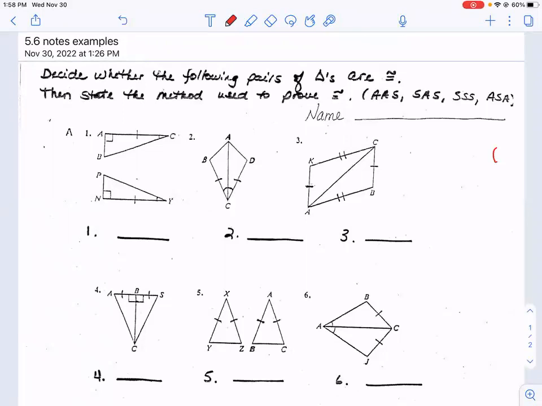I see angle side angle and then angle side angle. Angle side angle, so I'd say they're congruent. This is side angle side.